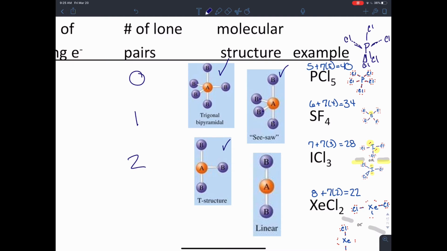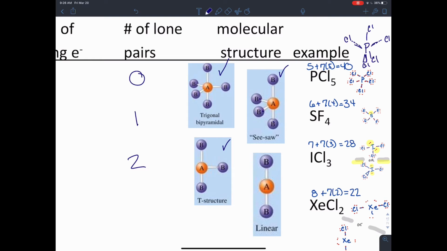It may not have been as obvious, because one thing that happens is the non-bonding pairs do take up more space than the atoms with the bonding electrons, so they can kind of distort the shape of the molecule. And the shape of the molecule is something that we need the VSEPR data to help us predict as accurately as possible. So the T structure is the result.